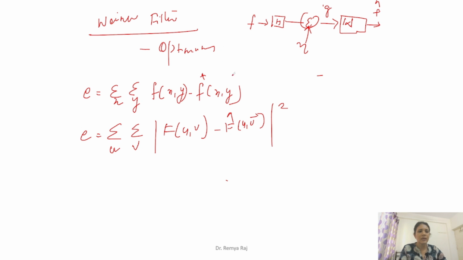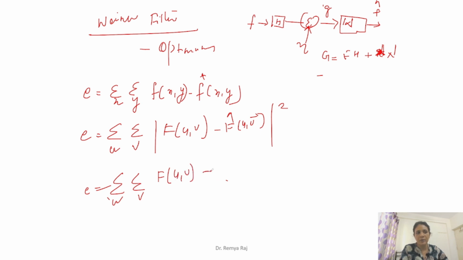So from this what can we write? G is equal to FH plus N. This is in the frequency domain. Now I'm going to write the error as E equal to sigma u, sigma v, f of u comma v minus f cap of u comma v.